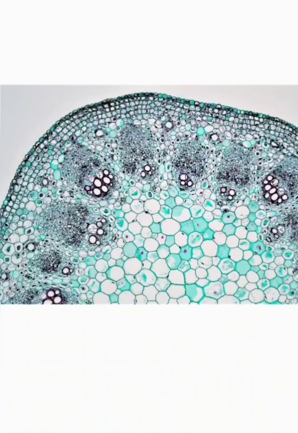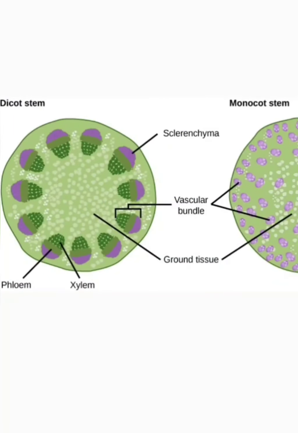See, if you carefully notice here, we can see some black portions or else black and white cells which are present in the inner layers of this tissue, and these cells are called xylem and phloem. As you can see in this picture, the purple portion is called phloem and the green portion is called xylem.